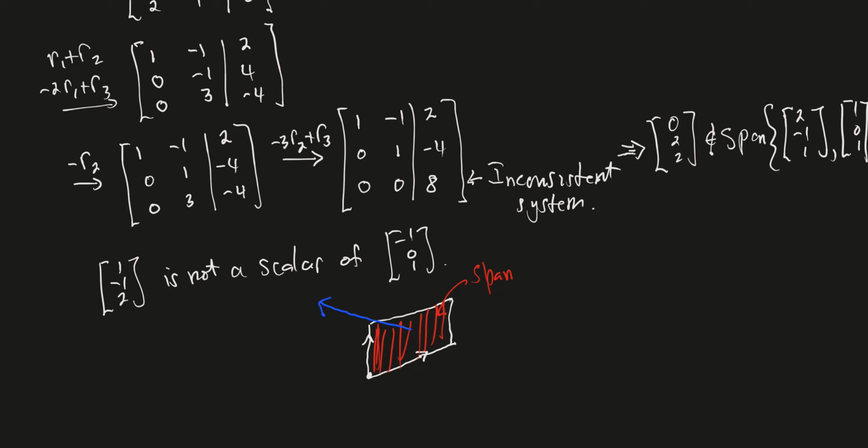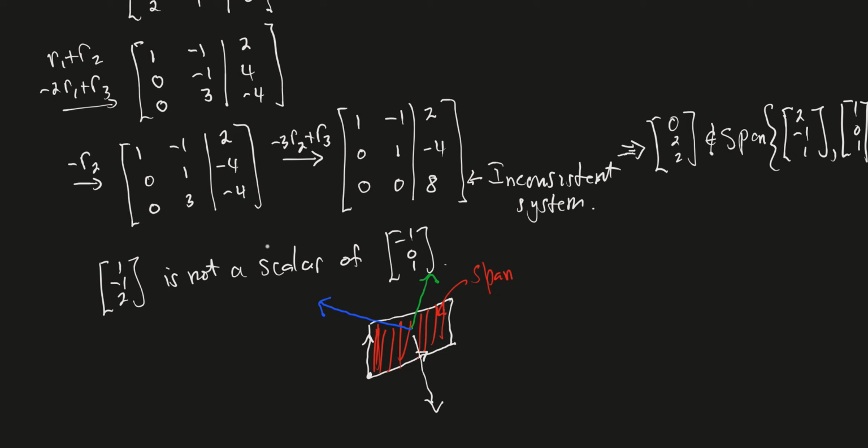It could be like that, or like that, or like this. But it's pointing in a third direction. There's this other direction in which the vector is pointing that is not spanned by the two given vectors. Okay, so that's a geometric way that we can visualize what's going on.